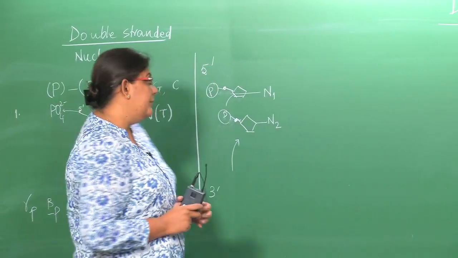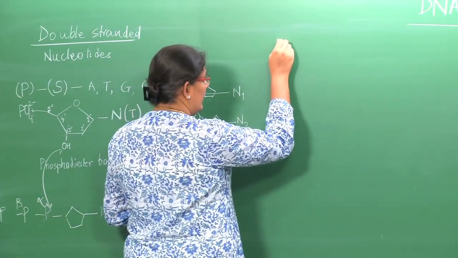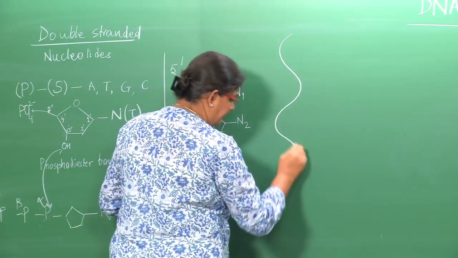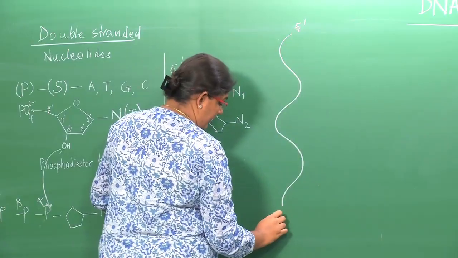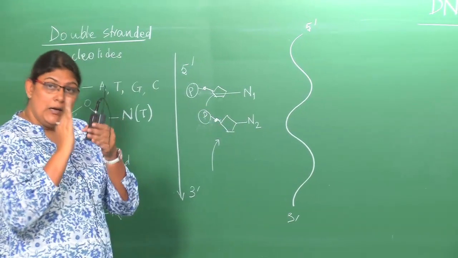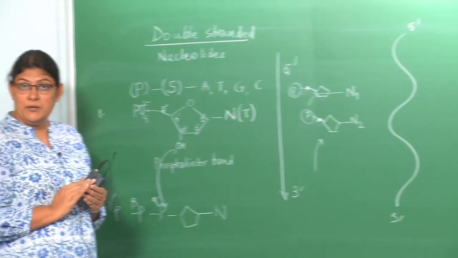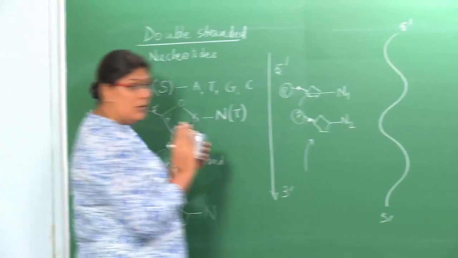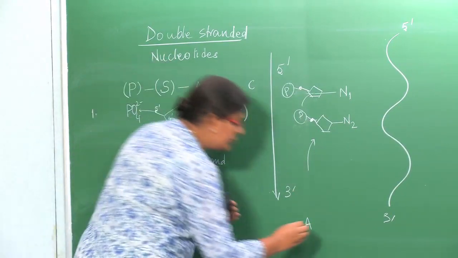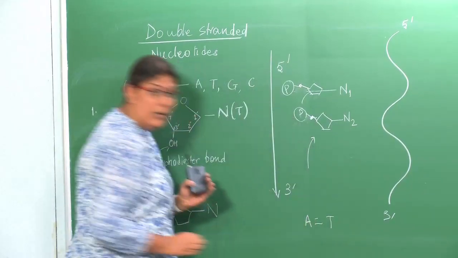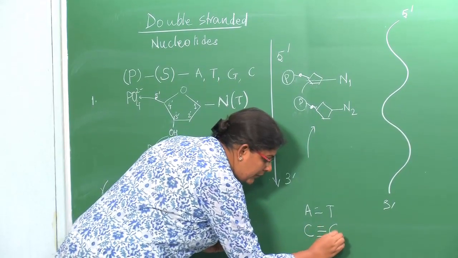The other thing which you have to remember is that when you look at a DNA double helix, let us say this is one strand which is going 5' to 3'. The other strand is going to be complementary to it. Now, what do you mean by complementary? We have already studied that the adenine base will always form a hydrogen bond with the thymine, while the cytosines will always form hydrogen bonds with the guanine.